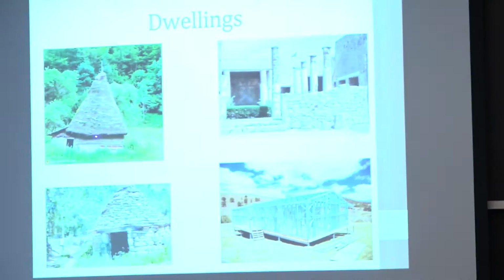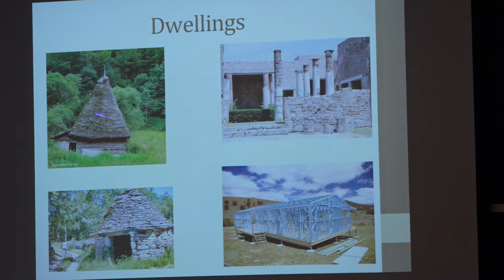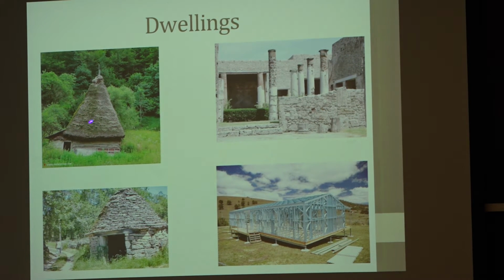This happens to be a home in either Slovenia or Slovakia or somewhere in Eastern Europe. The design is such that you have a very steep roof to help shed the rain.